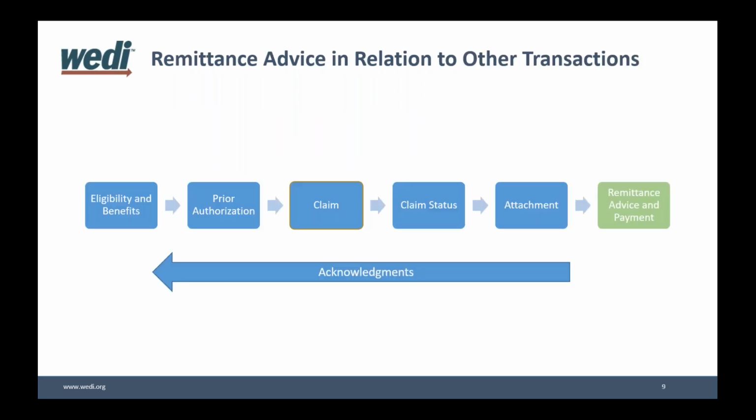Now I'm going to pass the ball to Susan to talk about some of the high-level structure of the 835. Susan? Thanks, Pam. As you can see, the remittance advice and payment comes at the end of the other transactions. This workflow starts at eligibility and benefits, and throughout the flow in the claim process, we get to the remittance advice and to the payment.